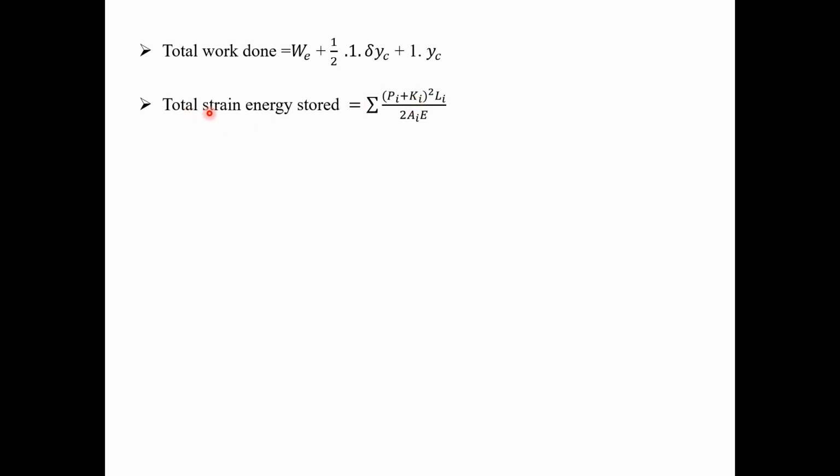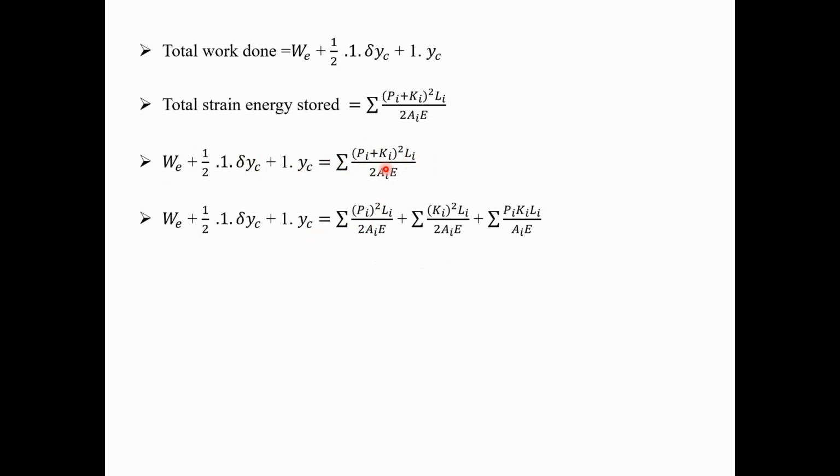So the total strain energy equation becomes the summation of Pi plus Ki whole square into Li divided by 2 into Ai into E. Now we can again apply that total work done is equal to total strain energy. So WE plus half into 1 into delta YC plus 1 into YC is equal to the summation of Pi plus Ki whole square into Li divided by 2 into Ai into E.